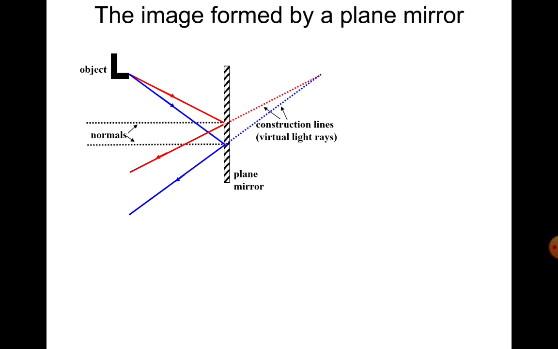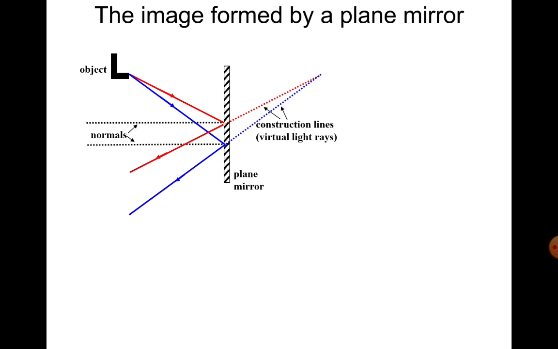To make the construction line, you draw a normal line from the object to the plane mirror. You measure the distance between the object and the plane mirror, and you measure exactly the same distance behind the mirror.